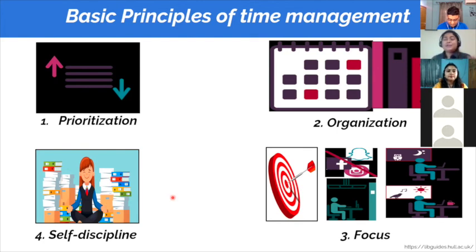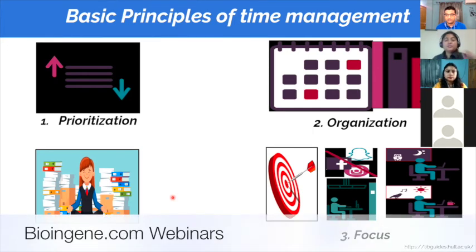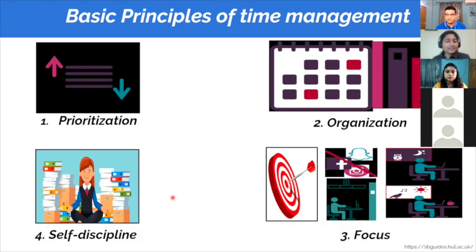Good time management actually comes down to self-discipline. So don't be prone to procrastination. Sometimes we do procrastinate, but don't be prone to it. Don't make it a habit of procrastinating. You can procrastinate a little bit sometimes, but don't make it a habit.